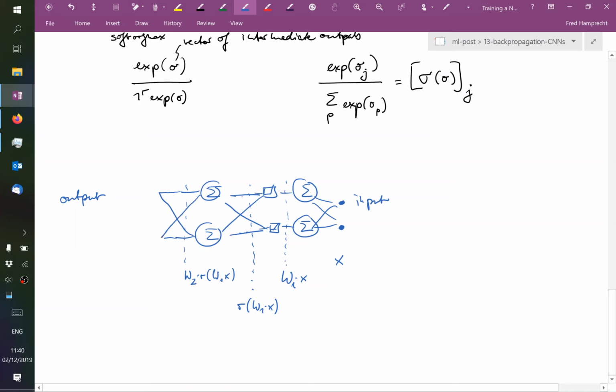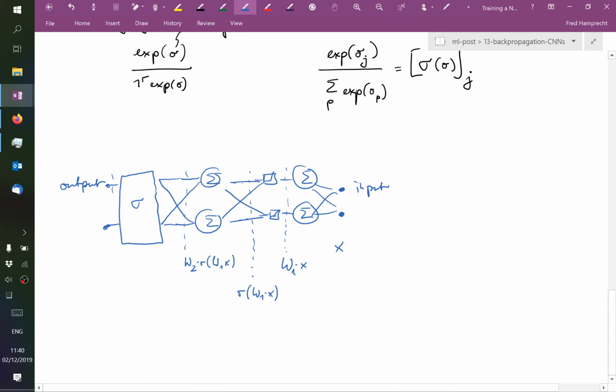I should do something like this. Yeah, so it's somehow a big box which has two outputs. This is how strongly my neural network believes that class 1 or class 2 is present here.